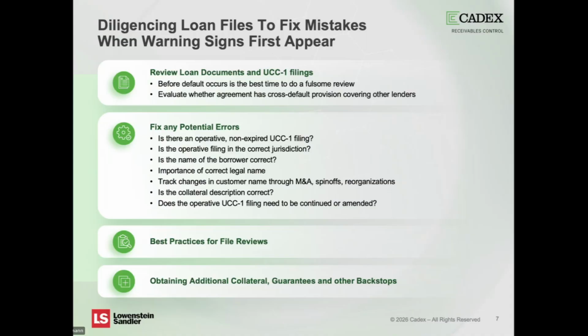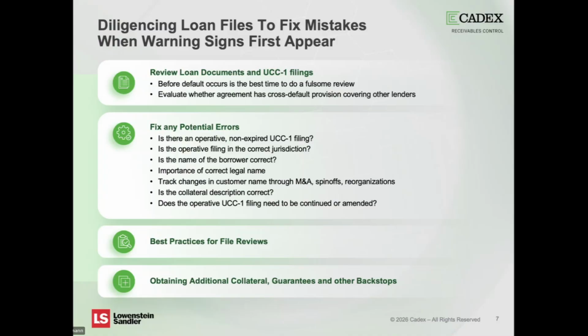Again, the correct legal name of the borrower. In order to have a perfected security interest, the debtor must be identified by its correct legal name. And that is something that does change over time. Best practice is for you to be monitoring that name periodically, because you can't be sure that the debtor will tell you. Andrew and I will go through some case studies that show you how frequently name changes can come back to bite you.